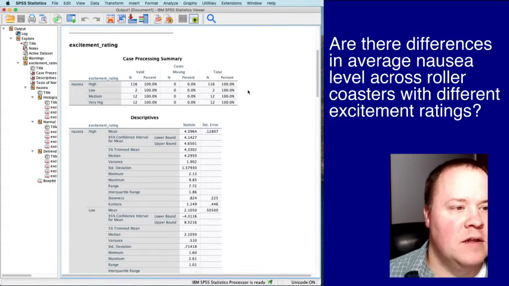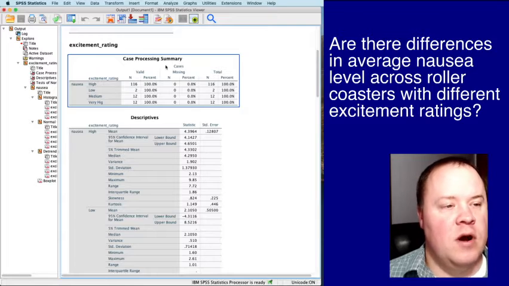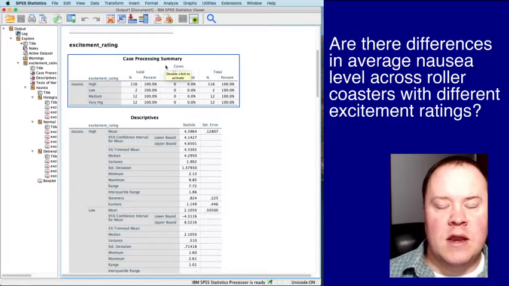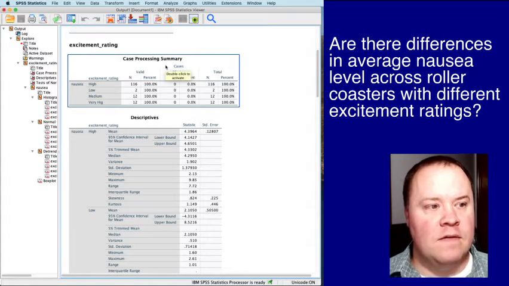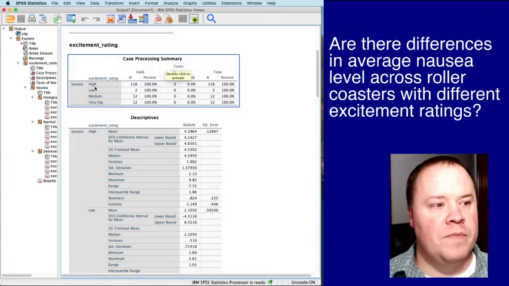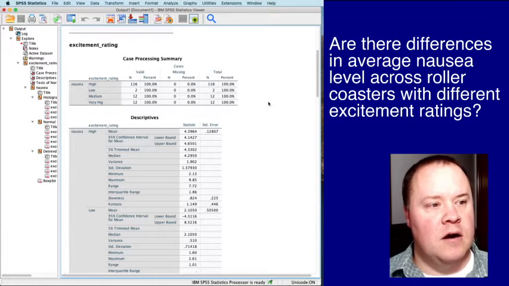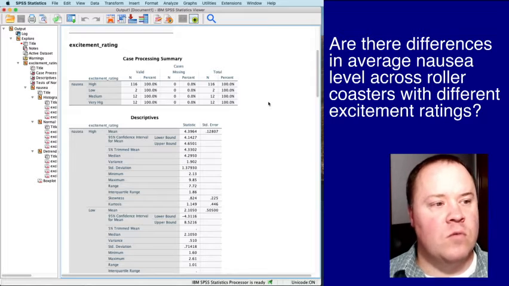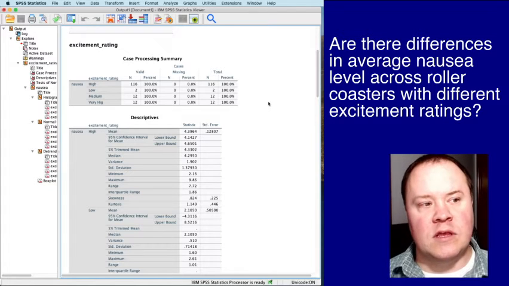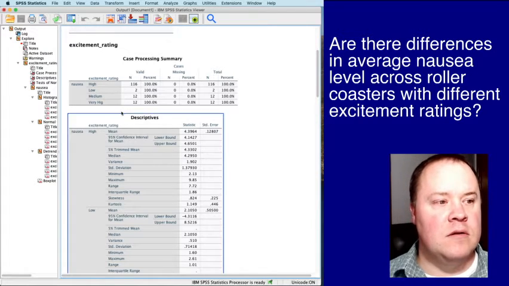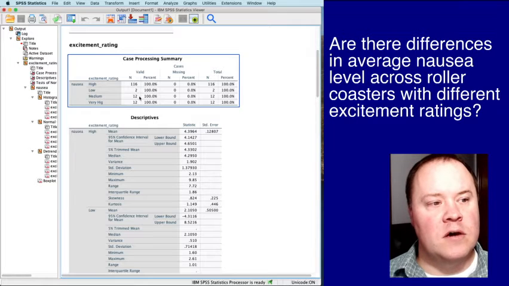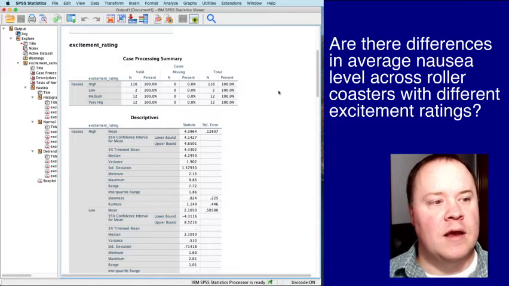For now, let's look at this case processing summary, which tells us how many of each variable are in the data set. So looking at high, there are 116 roller coasters that were listed with the high excitement rating, but look at the rest though. We only have 2 for low, 12 for medium, 12 for very high.